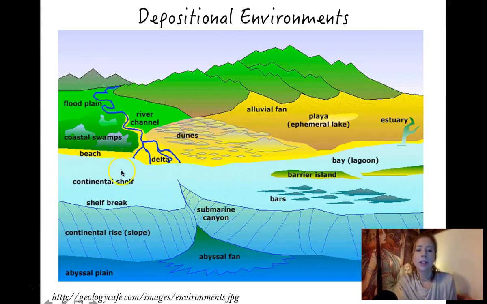We get the continental shelf, so that's the more shallow part of the ocean. And you see the alluvial fan here, so that would happen in a desert when there's a flood and then it dries back out. A playa, that's an ephemeral lake, so that means it's there part-time, not all year long.